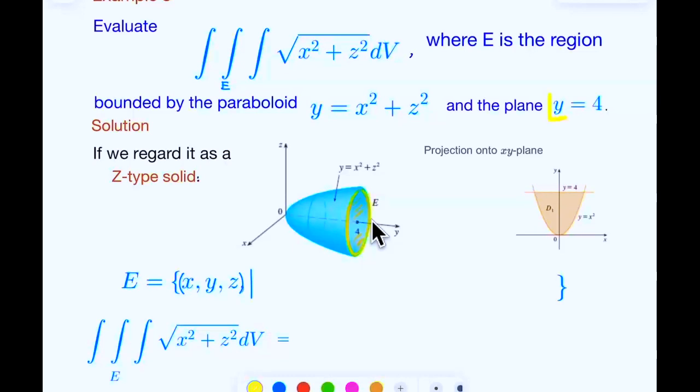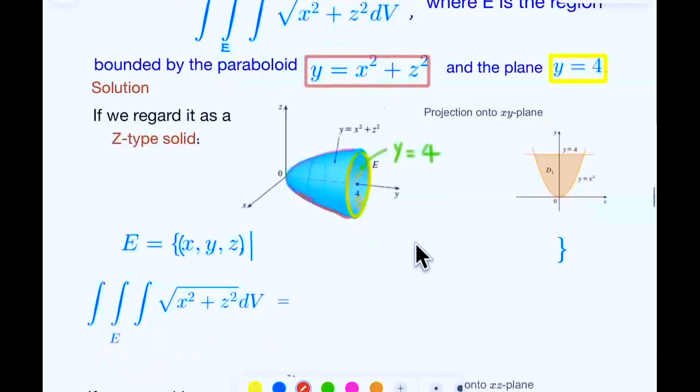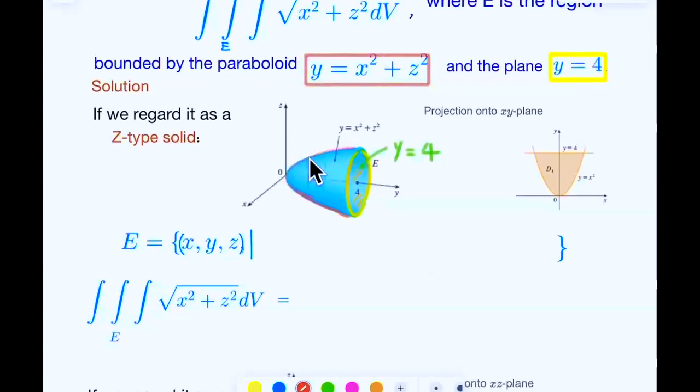There's this one over here. So that's for y equal to 4. Okay. And then this one here is right here. That's the parabola over here.